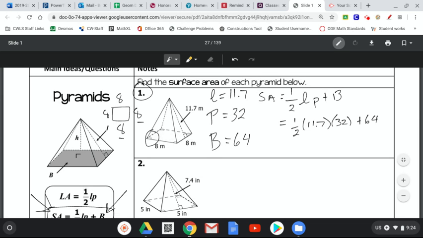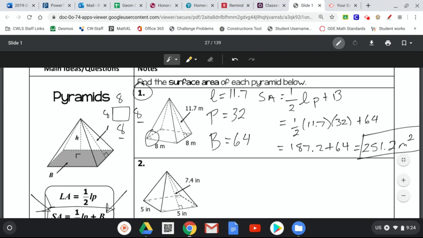So plugging that in, this is where you can do 11.7 times 32, divide that number by 2. So try that, guys. Plug it in your calculator because I want to make sure you're getting the correct answer here, and that should be 187.2. We're going to add that 64, and our surface area for this pyramid is going to be 251.2 meters squared.